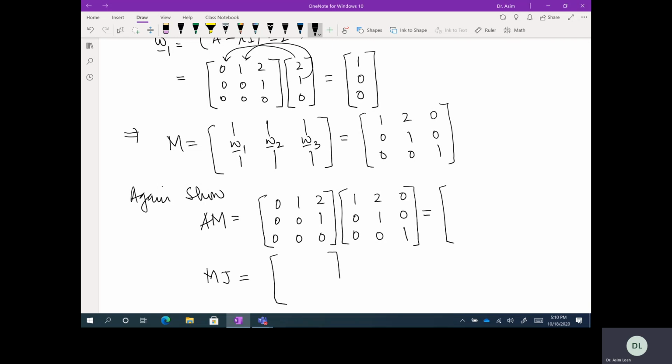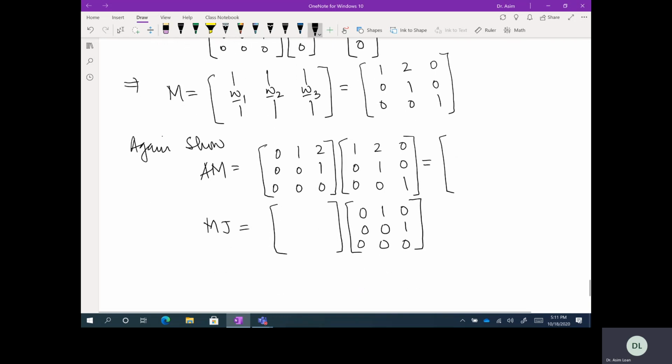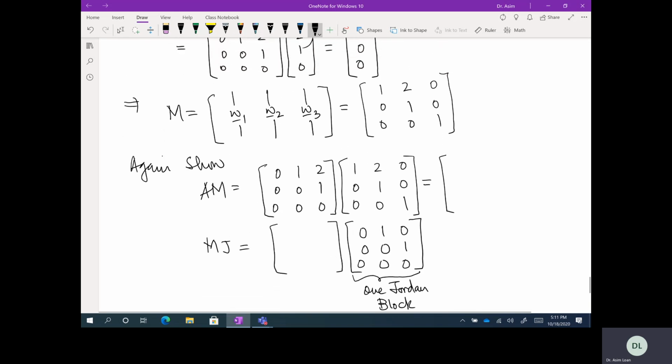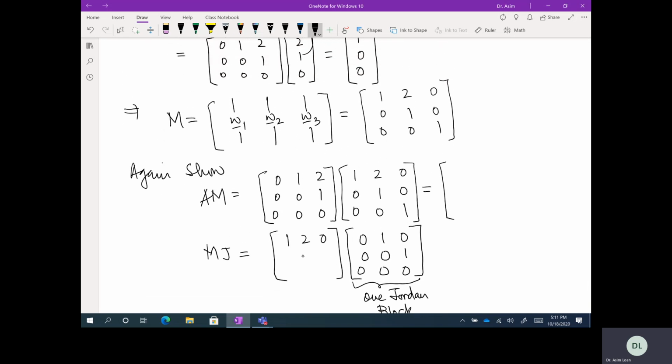J has only one independent eigenvector, so this is only one Jordan block, because there was only one eigenvector in the beginning, right? So what is M? M is [1, 2, 0; 0, 1, 0; 0, 0, 1].